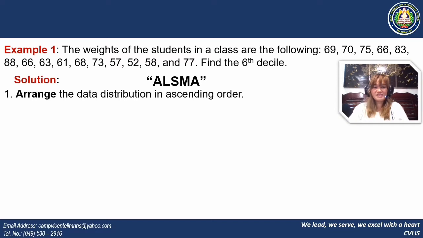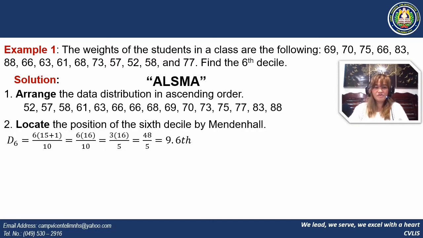First, arrange the data distribution in ascending order. So we have 52, 57, 58, 61, 63, 66, 66, 68, 69, 70, 73, 75, 77, 83, and 88.